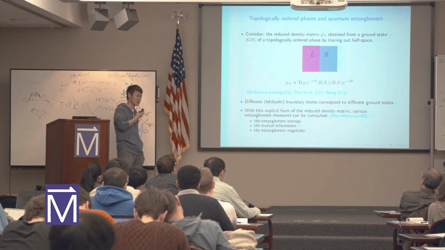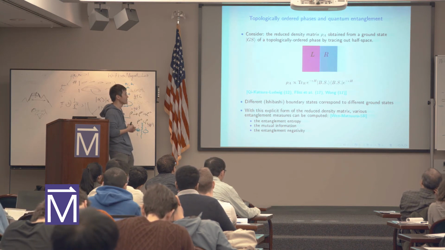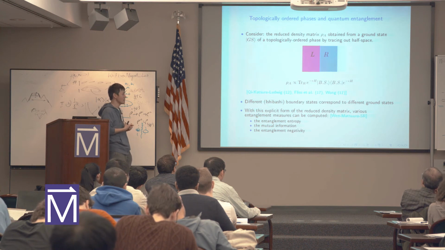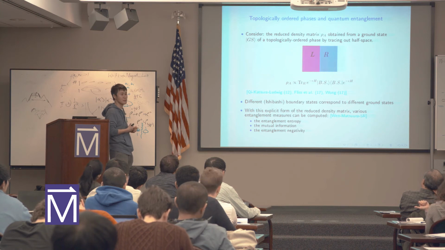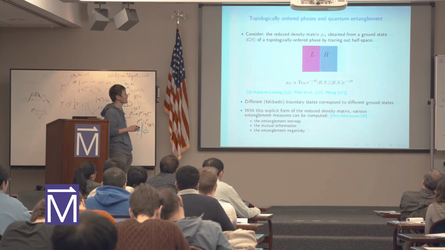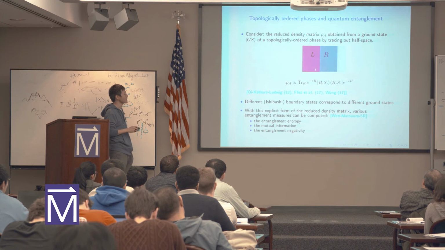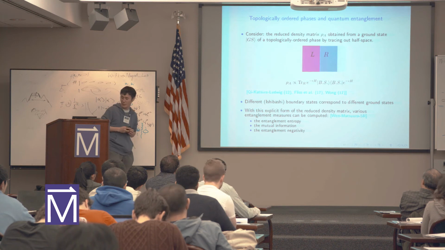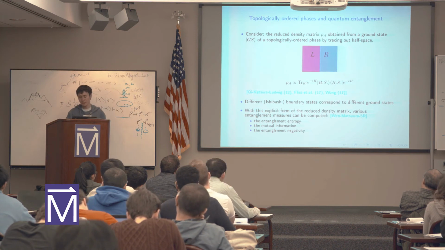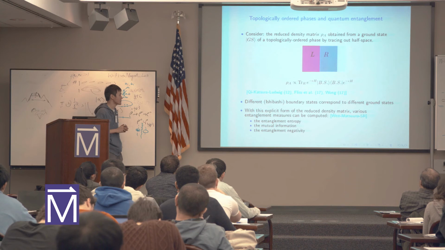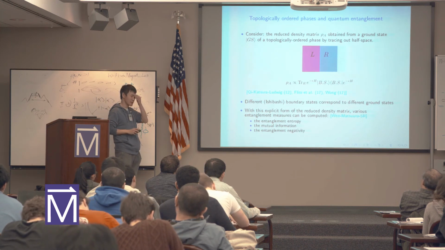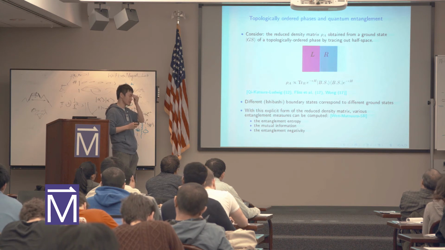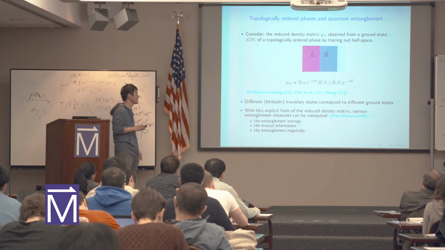So boundary states I introduced before in the context of 1+1D CFT, but they also show up in the context of 2+1D topologically ordered phases. Okay, so this is a nice formula which allows you to compute various entanglement related quantities. So this is a very useful formula. I want to make use of this formula, and just want to show you how you compute entanglement entropy in field theory. Okay.